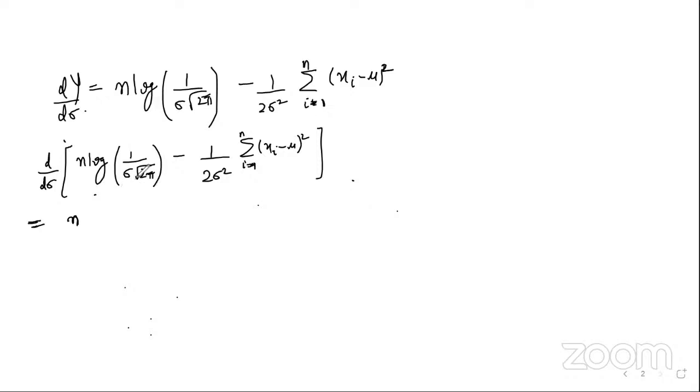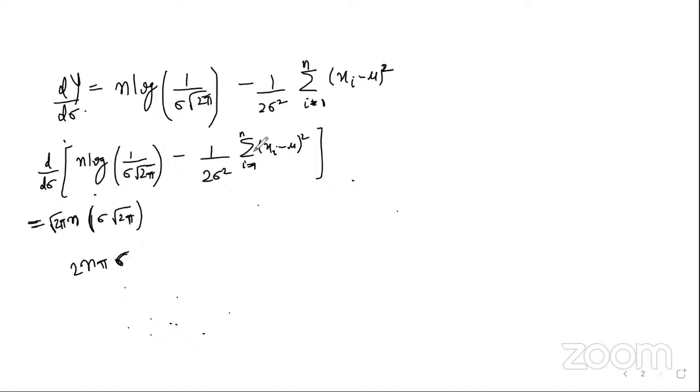So here log of 1 upon sigma under root 2 pi, we can write as minus log of sigma under root 2 pi, and you have the constant term under root 2 pi, so that will get multiplied. And again root 2 pi. So it becomes n by sigma. I don't think this is right. Yes, ma'am, this is right.